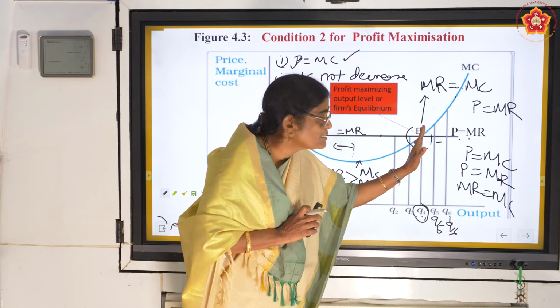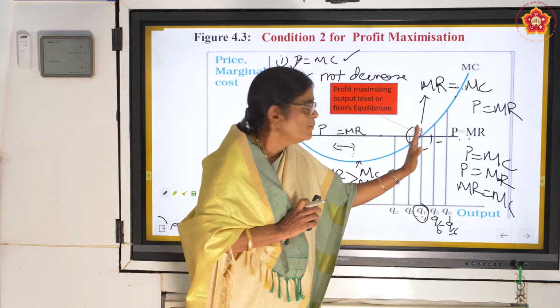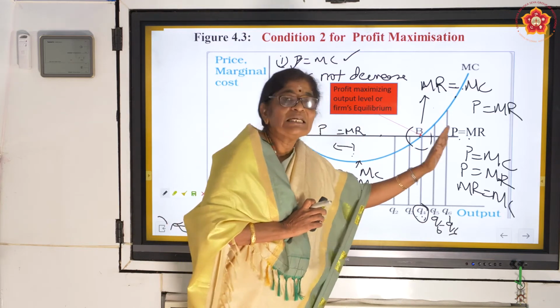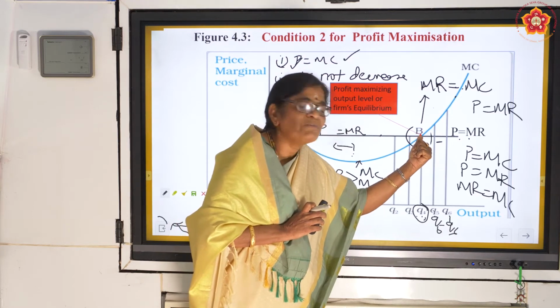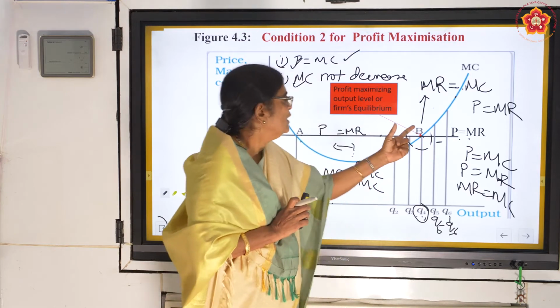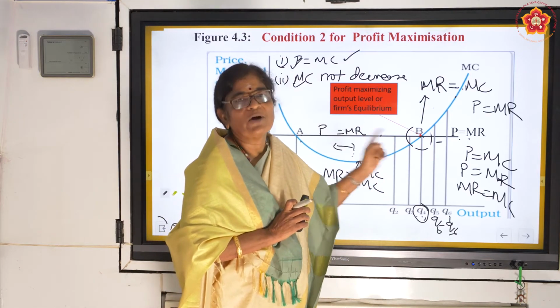The firm is at rest, an equilibrium point of rest, because it doesn't have any tendency to decrease or increase the output, because it reaches the maximum output at this point by fulfilling all the requirements needed for the profit maximizing level of output.